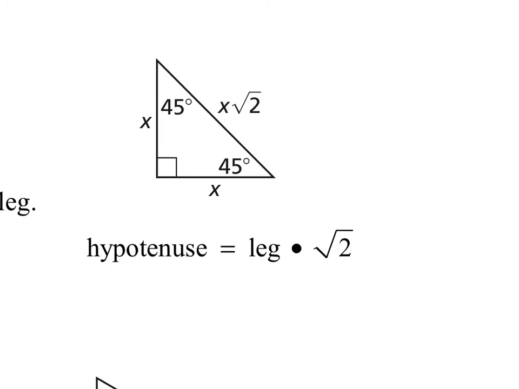The really cool thing about them is that the hypotenuse of a 45, 45, 90 triangle is the length of the leg multiplied by radical 2. So it will always equal that. You might want to make a little formula box up here.